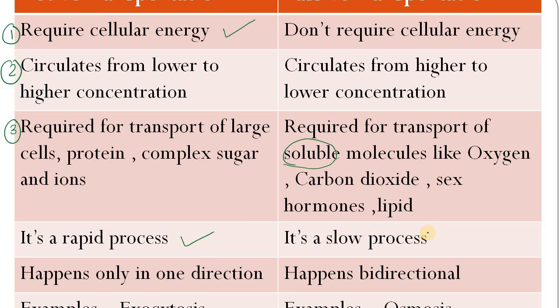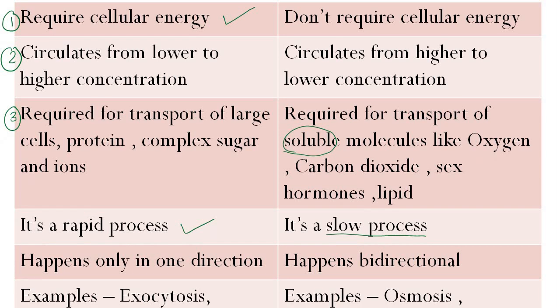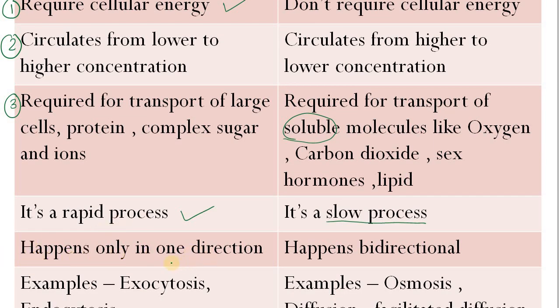Now, active transportation is a very rapid process. It has to be noted. Whereas passive transportation is a very slow process. It happens continuously maybe. In the next point, active transportation only happens in one direction and should be noted down, whereas passive transportation can happen in two directions, so it is also called bidirectional movement.